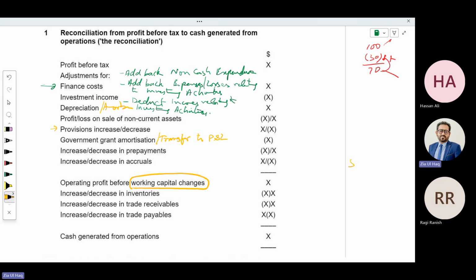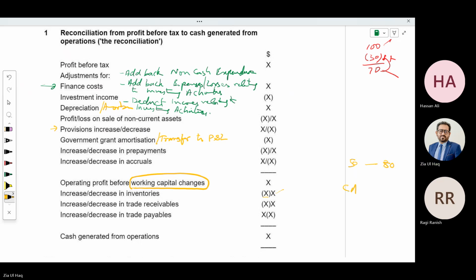Last year inventory was 50, current year inventory is 80. How has this increased? We purchased some inventory. If we purchase, is there an inflow or outflow? Outflow. This means inventory increase will be recorded as outflow. If inventory decreases, meaning we sold, that will be called inflow, meaning positive.